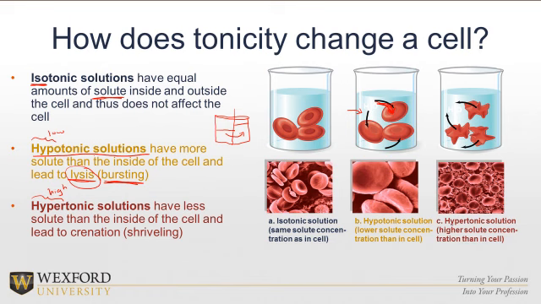Because that solute can't get across, the water is going to flow out of the cell. In this case the solution has more of that solute, so water is going to flow out, and the cells are going to shrivel and shrink. Crenation.